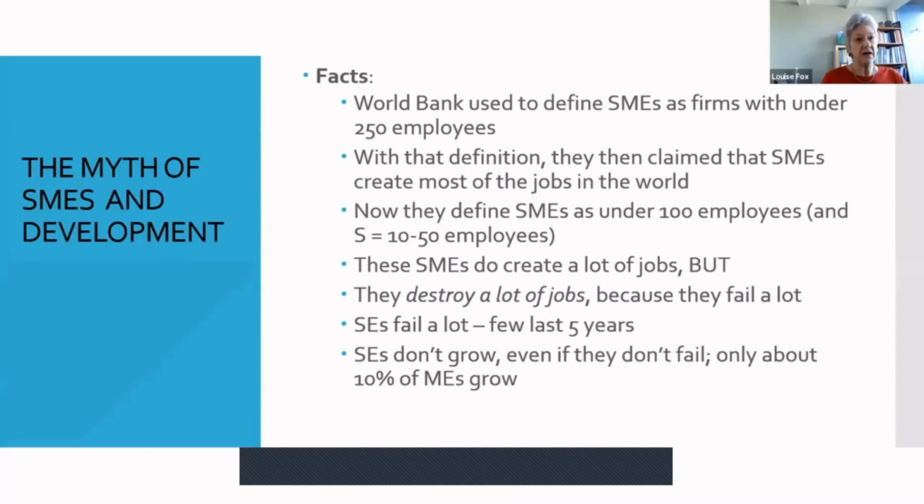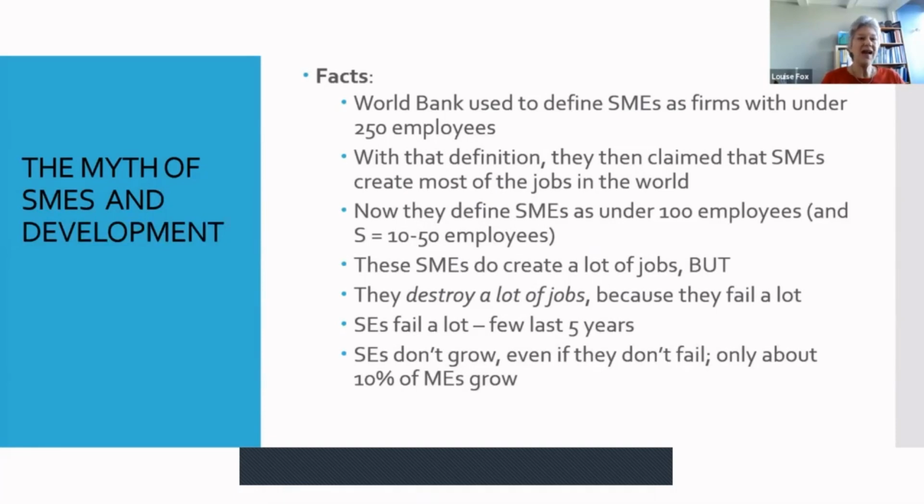Now, when we look at the firm ecosystem that way, we see that yes, in Africa and also in other developing regions, SMEs do create a lot of jobs, but they also destroy a lot of jobs because they fail a lot, especially the smalls. Small enterprises rarely make it to 5 years. You know, very small percentage of them make it to 5 years.